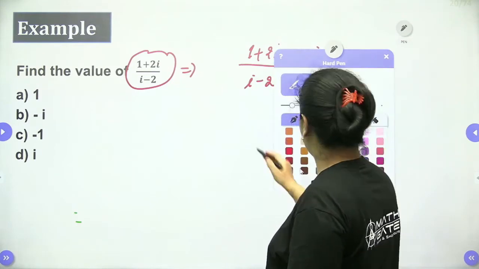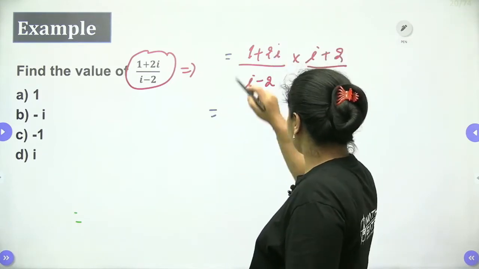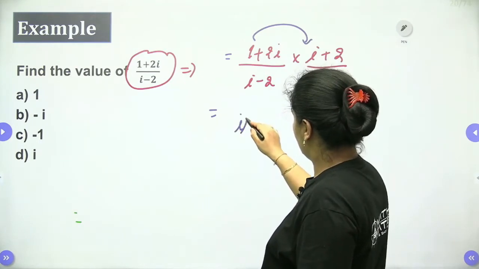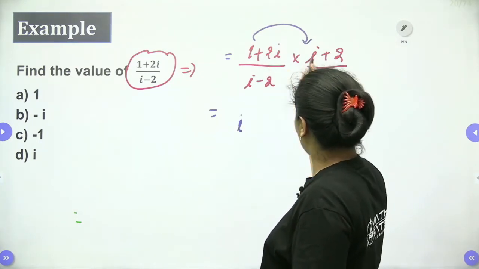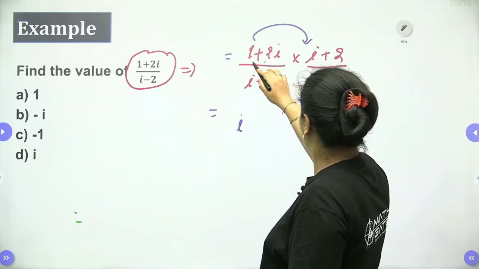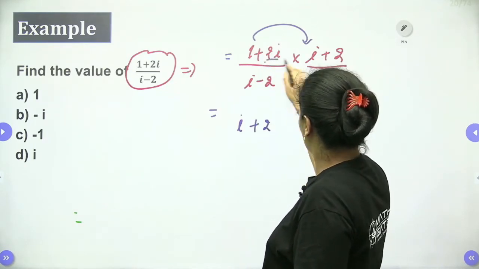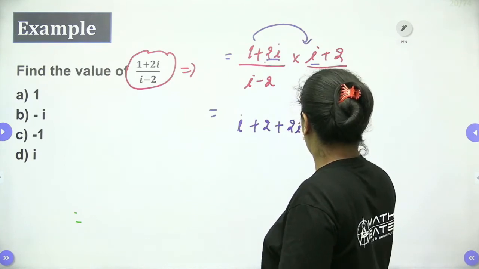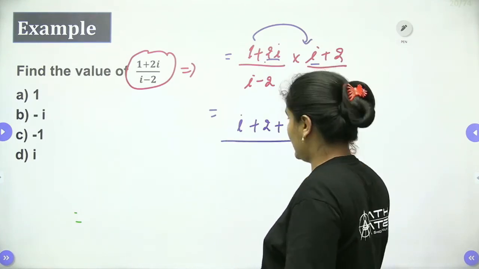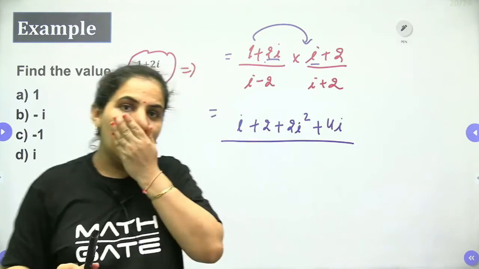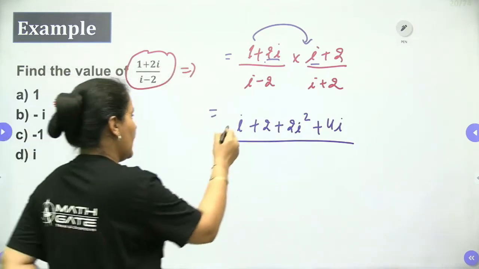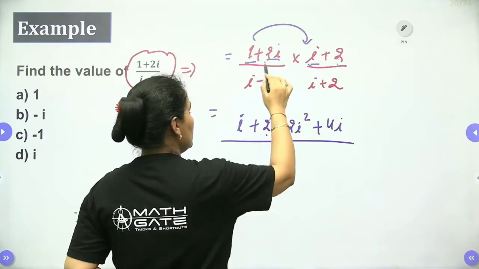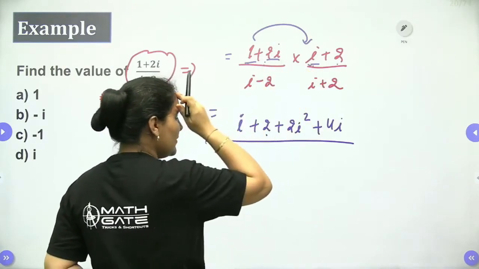When we rationalize this one, it will become 1 into iota, it will be iota only, and 1 into 2, that is 2 iota into iota, it will be 2 iota square and plus 4 iota. So it will be iota plus 2 iota square and it will be 4 iota.